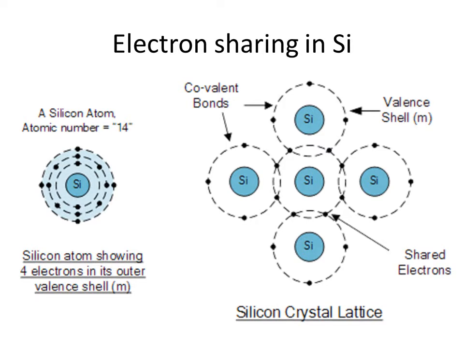You can break the bond, and when you break the bond, the electron becomes free, gets more energy, and goes to a higher energy state, which we call the conduction band. The electrons in the conduction band are free to move and are capable of making current, whereas the electrons in the covalent bonds are present in the valence band, are not free, and are part of the bond of the material.